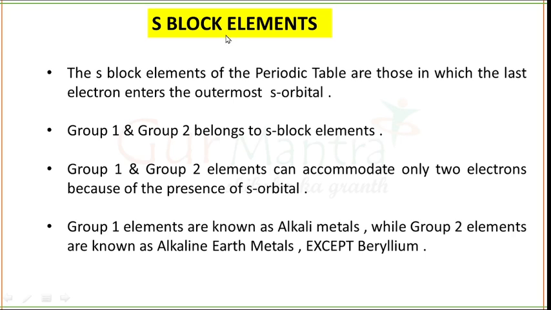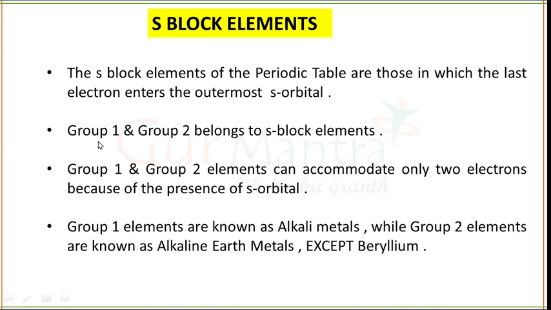The S block elements of the periodic table are those in which the last electron enters the outermost s orbital. S block elements consist of group 1 and group 2.